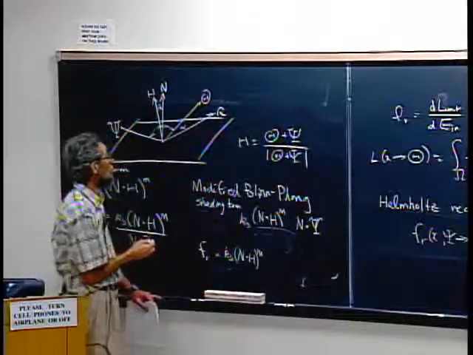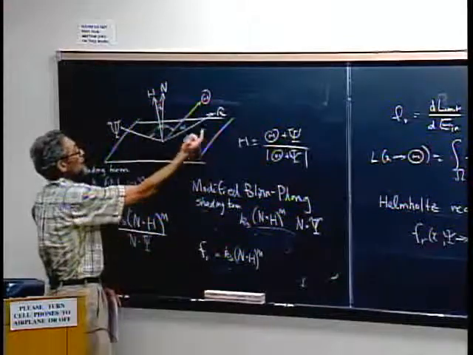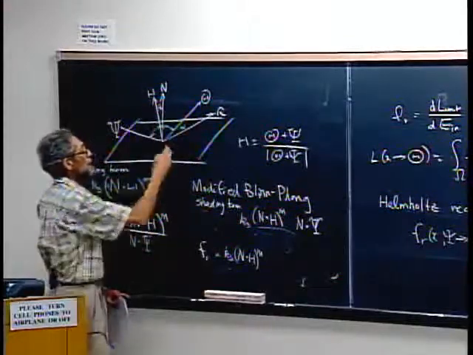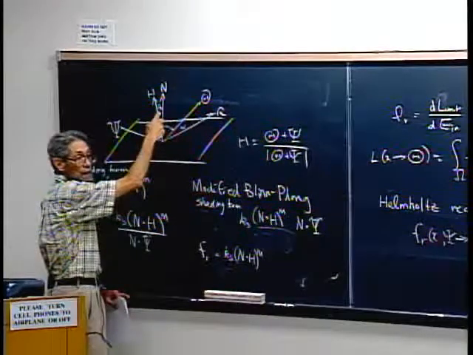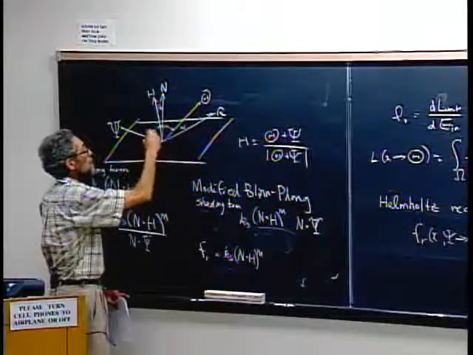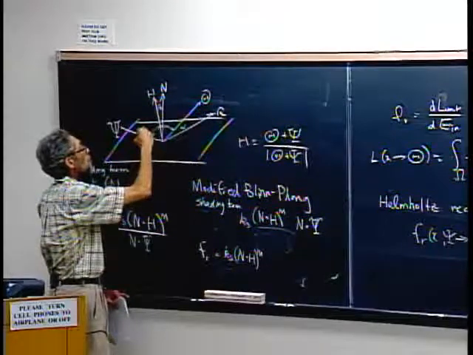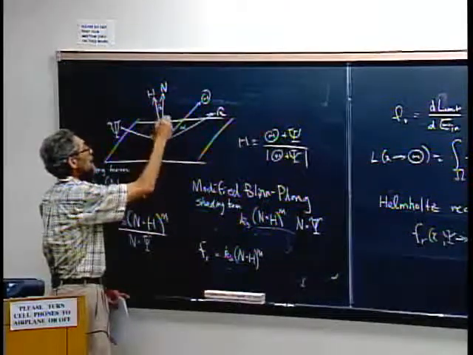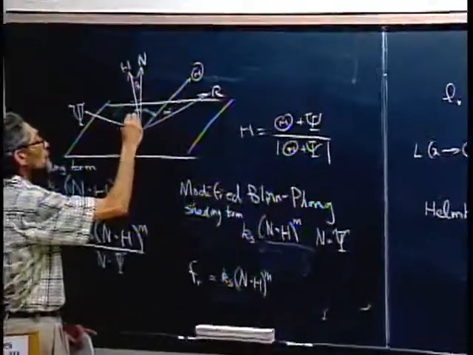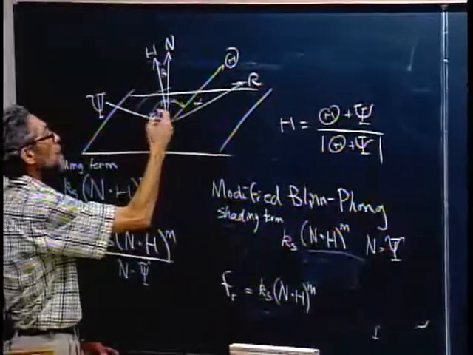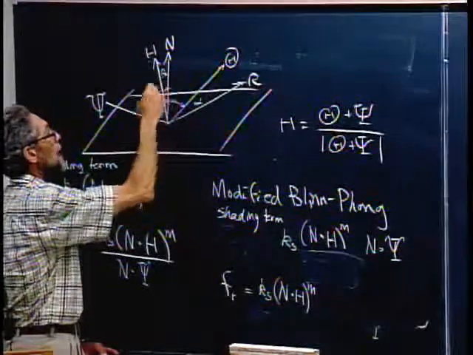And it turns out that if all these vectors that I've drawn are in the same plane, alpha is twice beta, right? Because the angle between psi and n is, what am I call this? I don't know, gamma. Is gamma plus beta.